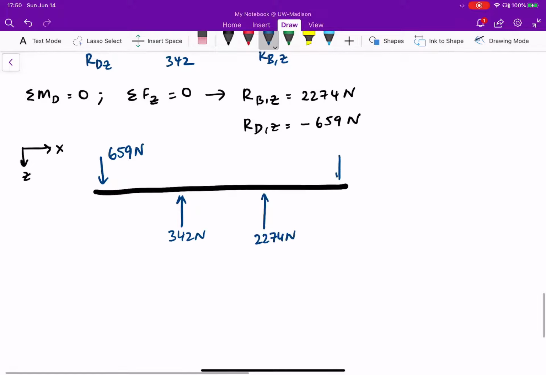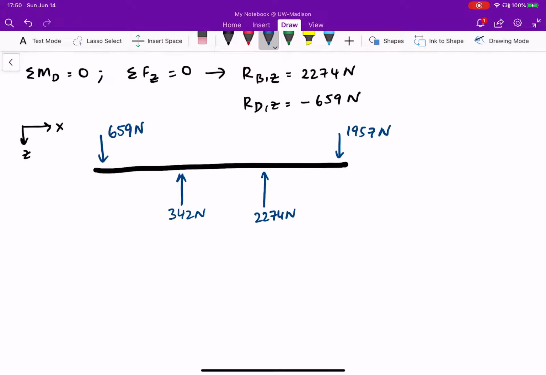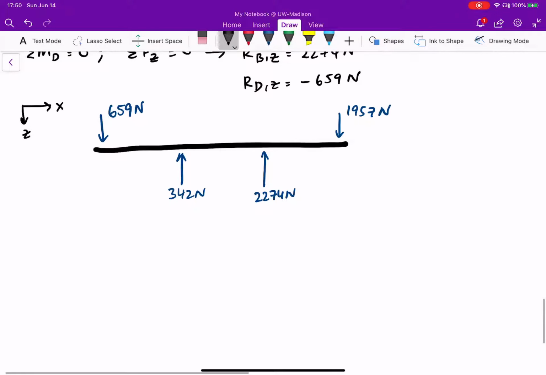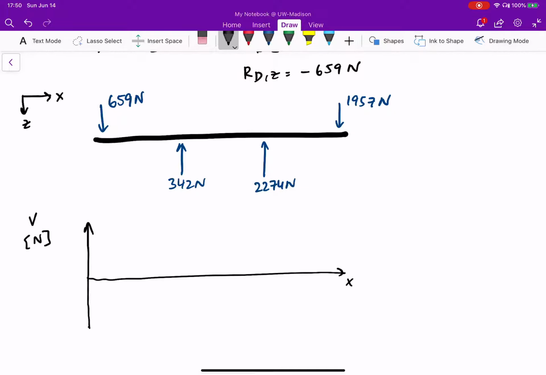So now that we have the forces in their respective direction, we can use the method you mentioned earlier to draw the shear diagrams. So we have our axes, the shear in newtons. Again, starting from the right-hand side, we have 659 pointing in the same direction as the positive Z. So even though this is pointing downwards, relative to the coordinate system it's pointing upwards, or rather in the positive sense.